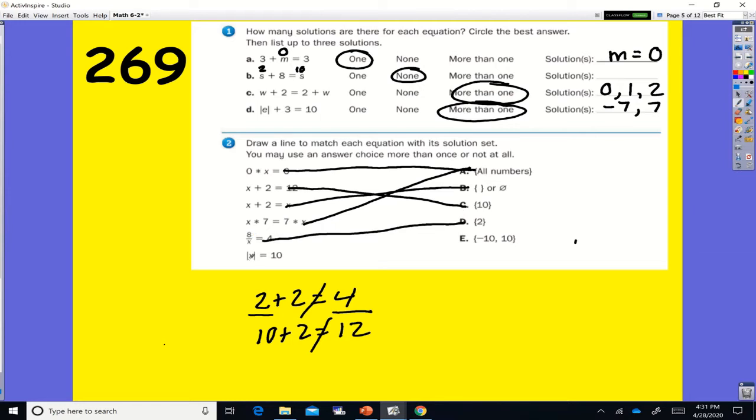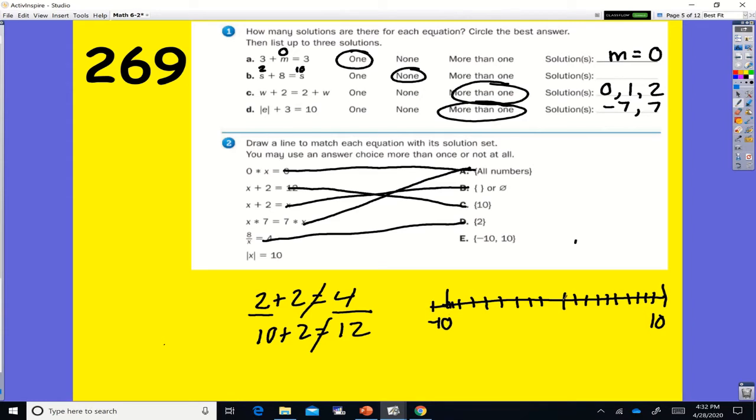Now, the absolute value of 10, just like we did with that 7 up here, is how far away something is from 0. So if I have negative 10 here, and this is 0, and then 1, 2, 3, 4, 5, 6, 7, 8, 9. I kind of got a little squeezed right there. We'll just go like this.